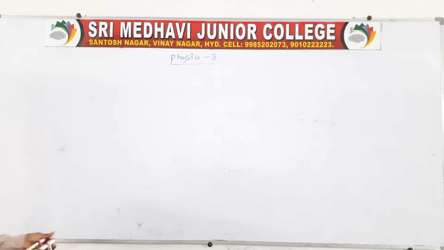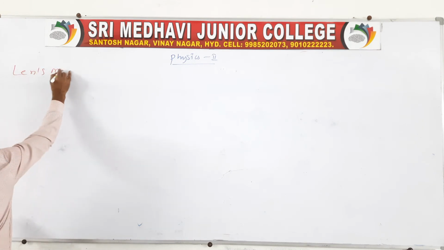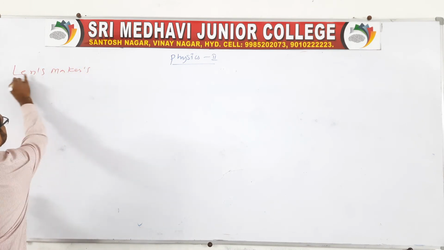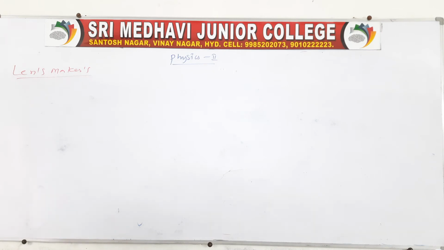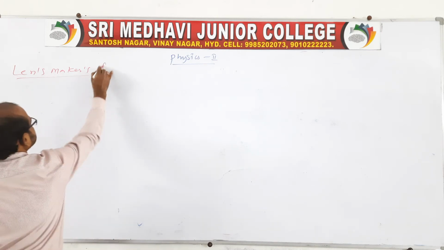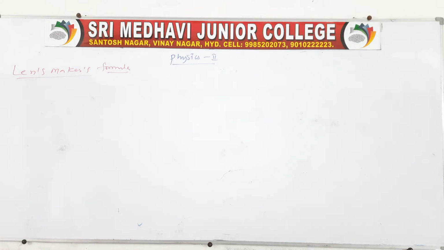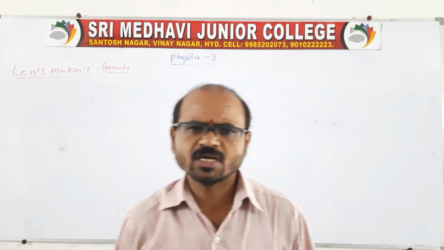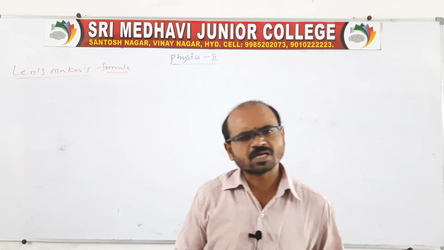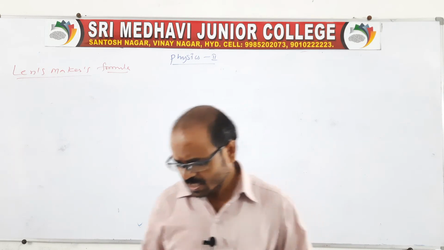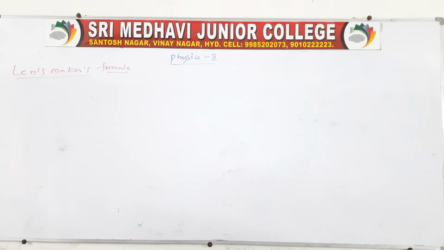The side heading will be lens maker's formula, or lens formula, no problem. In this lens maker's formula, you take any one lens, either concave or convex. Again we should apply the sign convention as usual. First of all, I will explain the theory related to the lens maker's formula.